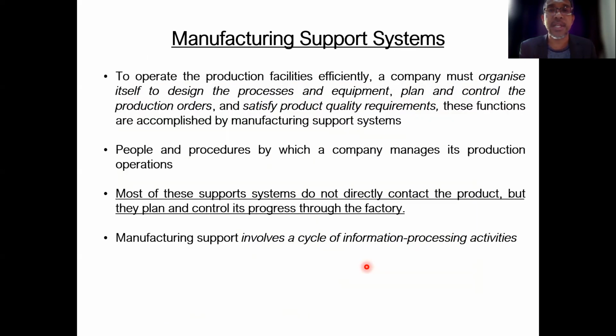And then we go to the manufacturing support system. To operate the production facilities, we always need people to organize, to monitor the process, to design the process and the equipment, to plan and control the production orders, and to satisfy the product quality requirements as well.